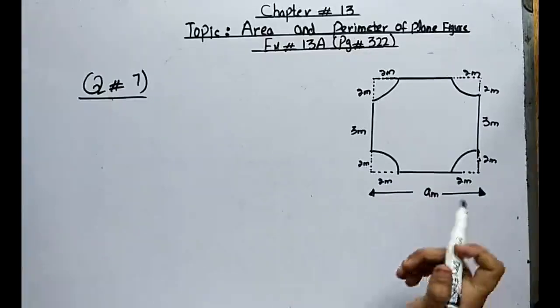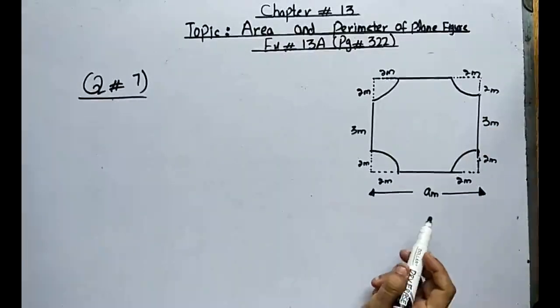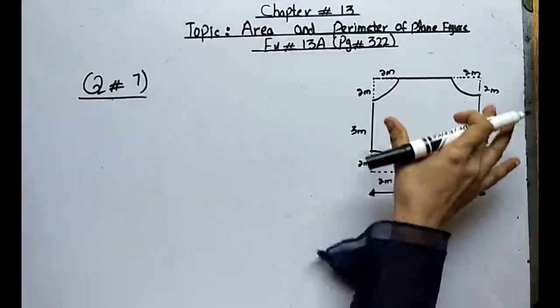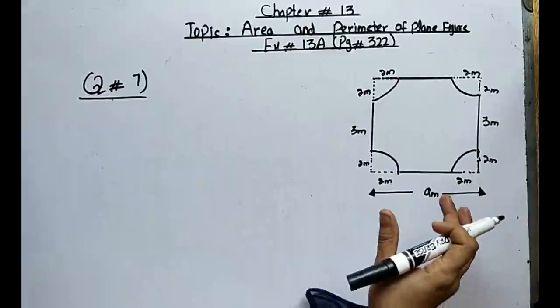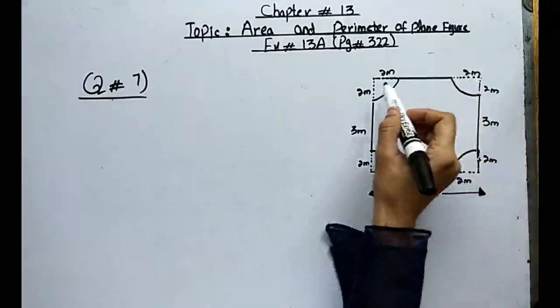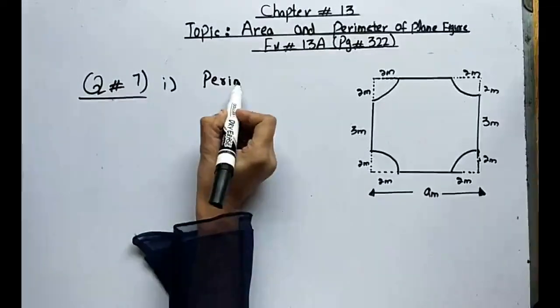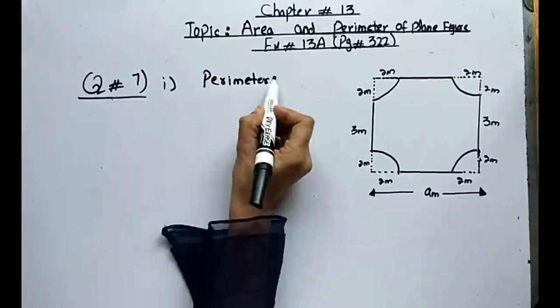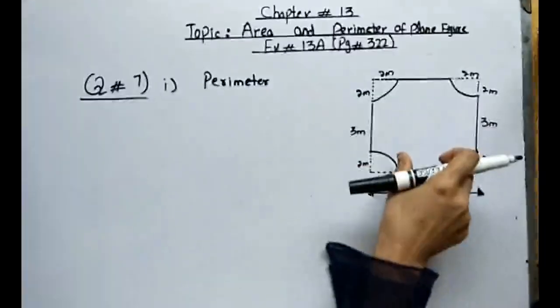So how can we find the area of this figure now? We can see that this is a rectangle shape. So first we will find the perimeter of the rectangle. In the first part they are asking about the perimeter of this inside figure.